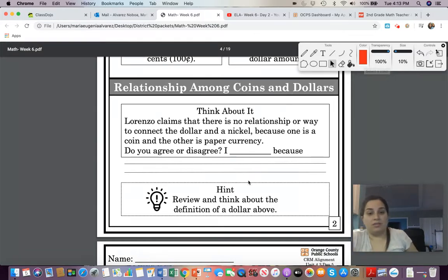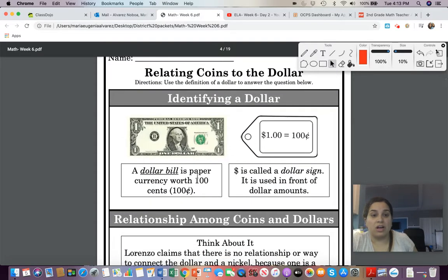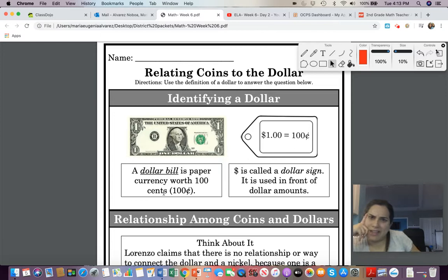Do you agree or do you disagree? Hint: review and think about the definition of a dollar. A dollar bill is paper currency worth 100 cents. Isn't a nickel cents? Could I possibly see a relationship between cents and a dollar?